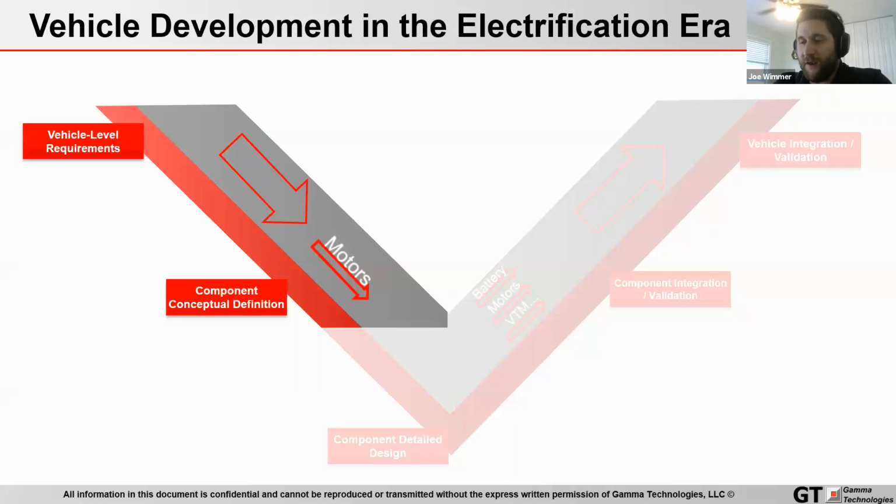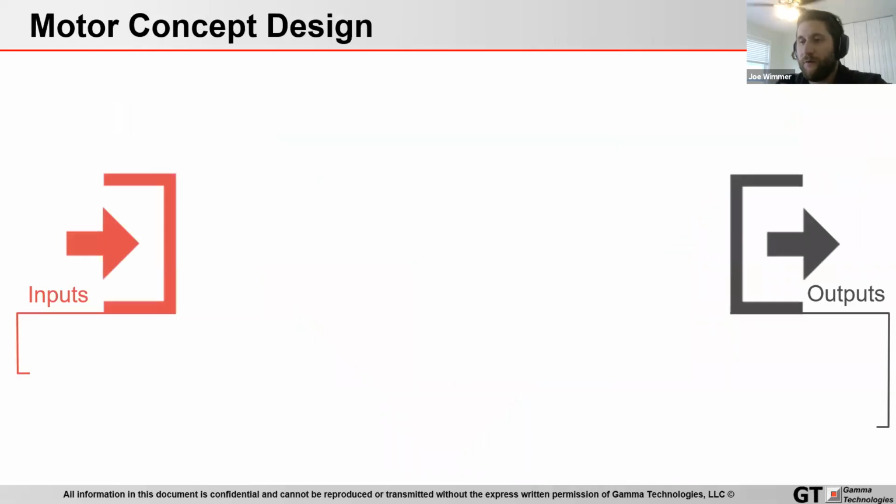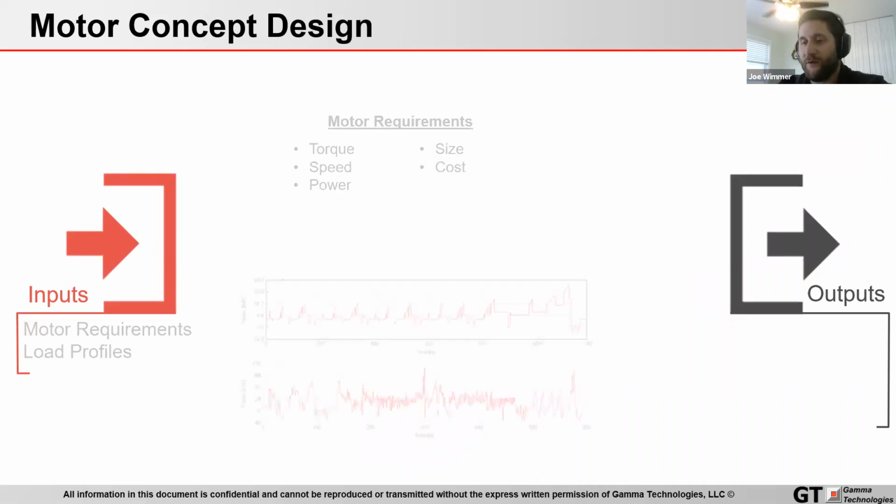So answering that, where do these maps come from? Kind of talking about concept level design for these motors, and I'll wrap it back up to that last section as well. So again, since we're at this JMAG conference, one thing to focus on is motors.